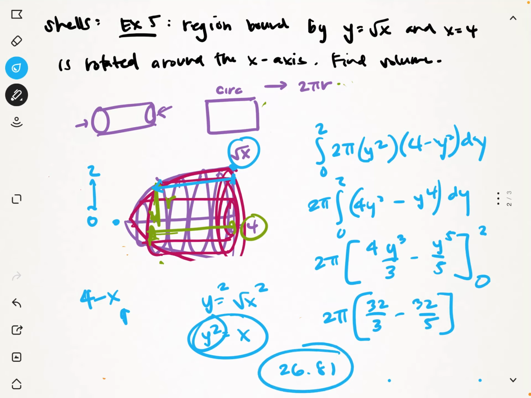Okay, so that's what we should have got the first time. For some reason, when we did it in terms of x, it came out different, which I don't know why. It should still be good, but yeah. All right, this is the correct answer. And as you can see, it's a lot nicer and cleaner if we do it in terms of y.